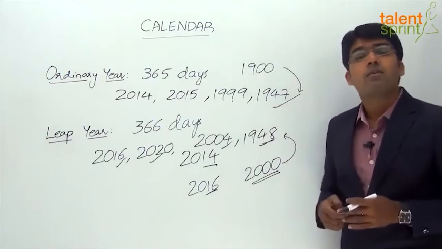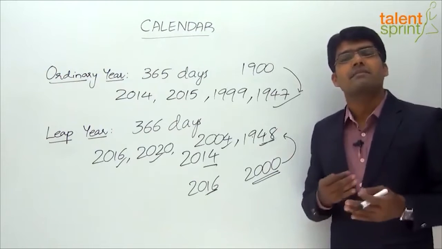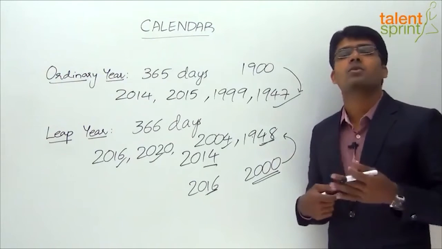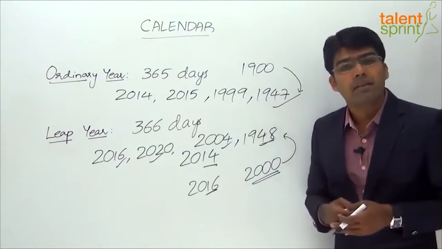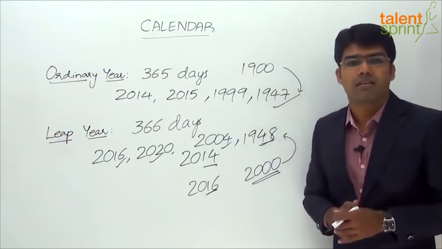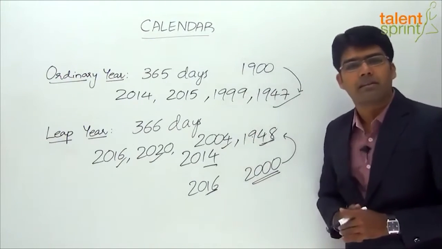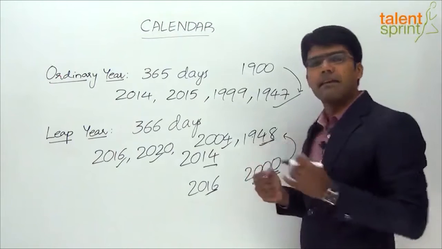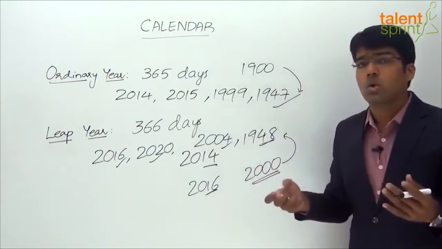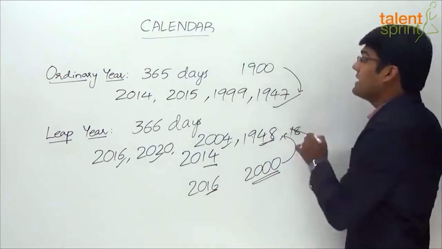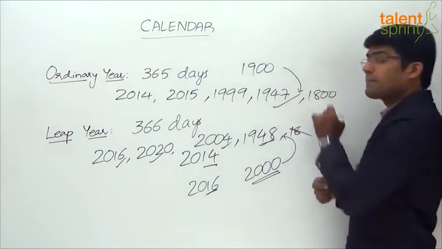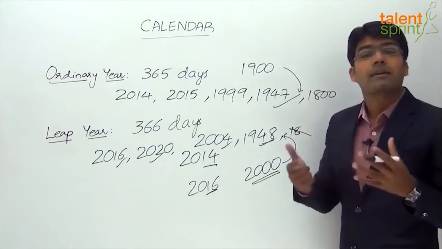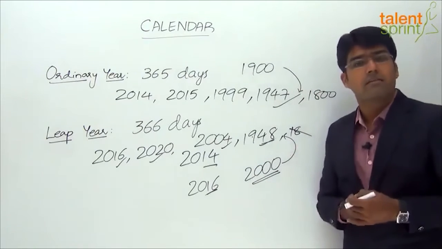So the point is, for century years, 1700, 1800, 1900 and so on, it will be a leap year if it is divisible by 400. Otherwise it becomes an ordinary year. For example, let's say 1800. 1800 is not divisible by 400, so 1800 becomes an ordinary year. And if you take for that matter 1200, is 1200 divisible by 400?